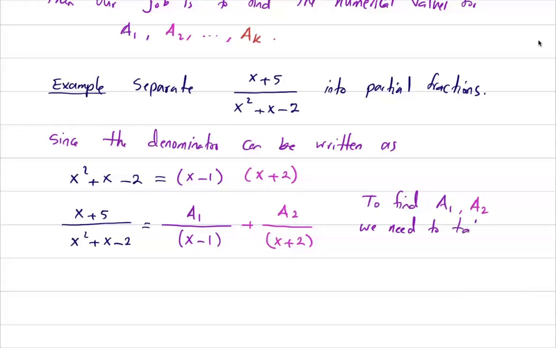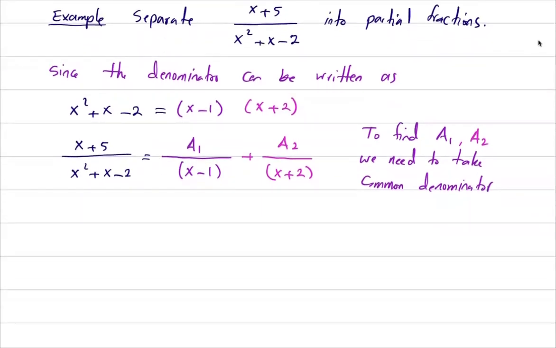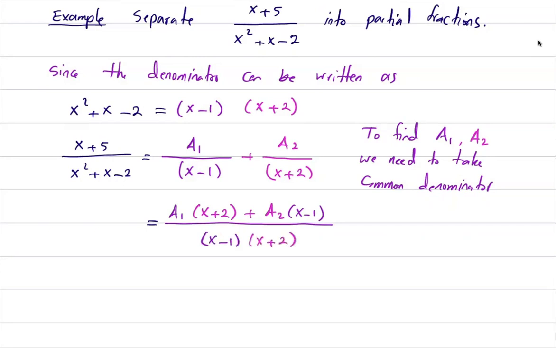To take common denominator, take a look. On this side, it is equal to a sub 1 times x plus 2 plus a sub 2 times x minus 1, everything divided by the multiplication of x minus 1 and x plus 2.